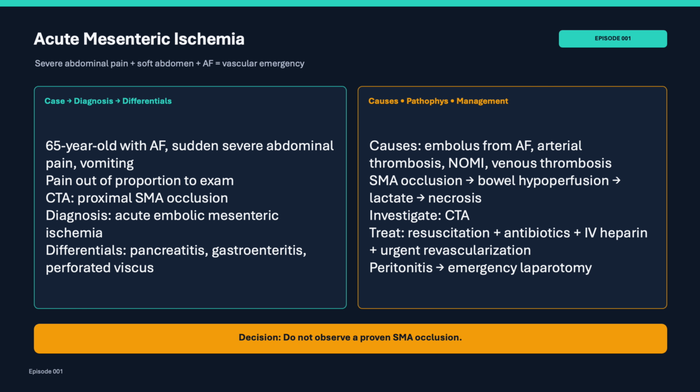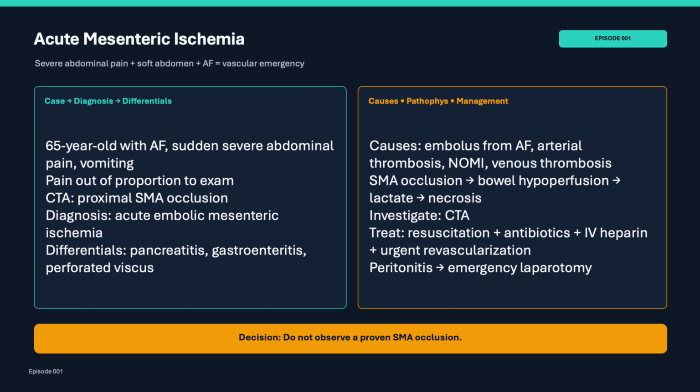Without reperfusion, ischemia progresses to transmural necrosis, perforation, peritonitis, septic shock, and death. The key diagnostic investigation is urgent CT angiography. CT angiography identifies the location and type of vascular obstruction and may show signs of bowel injury.